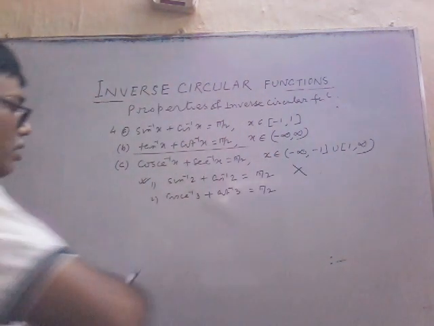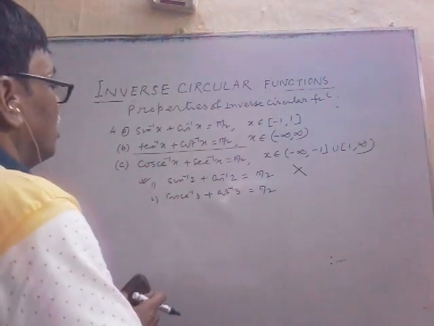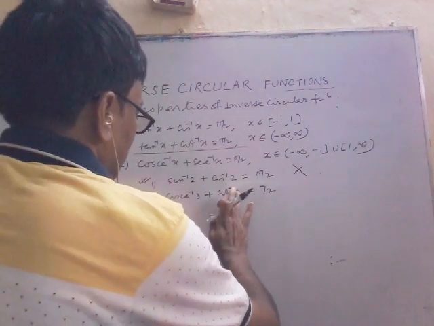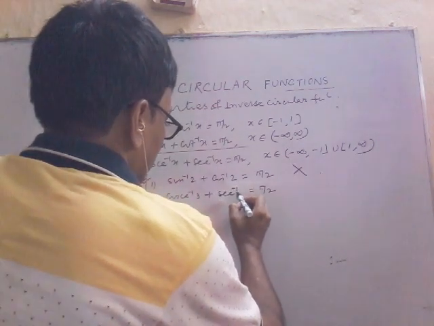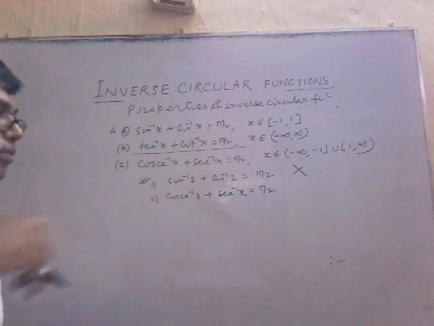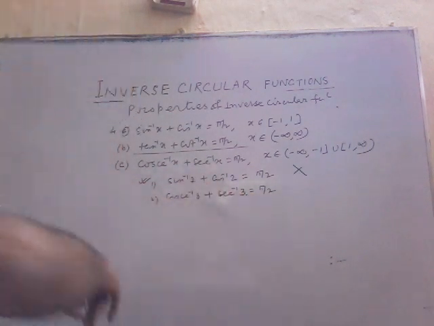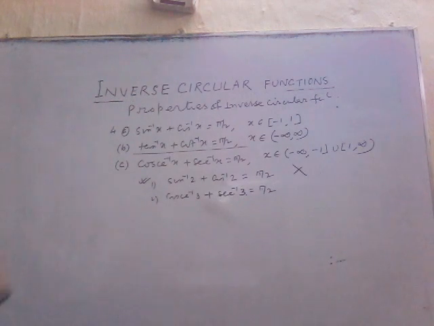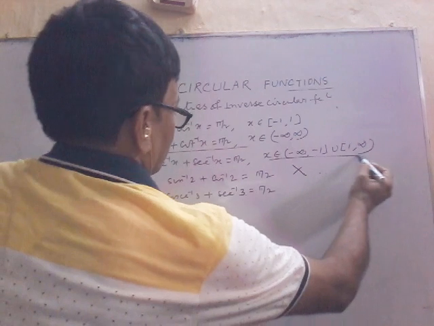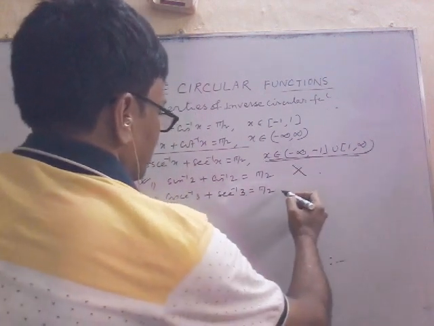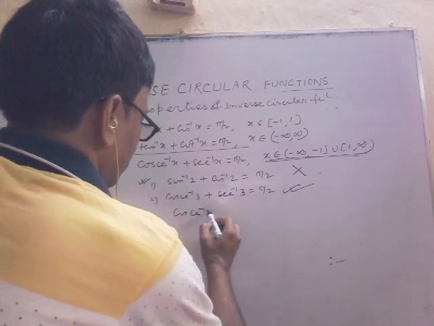Now the second one, cosec inverse 3 plus, I think this is sec inverse, correct it, this is sec inverse 3. Now look, cosec is defined for this interval. So this is a true result. The next one: what is the relevant result?